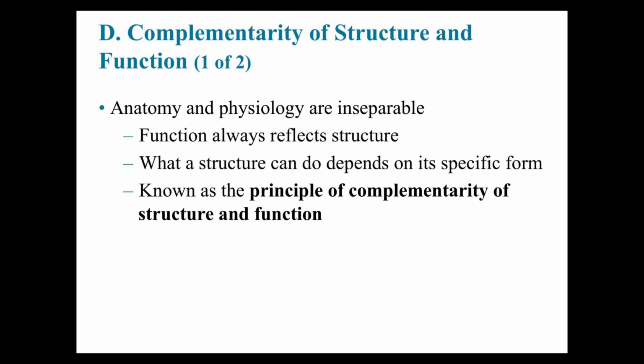So anatomy and physiology are inseparable. The link between structure and function is always present, but not always understood. For example, the anatomy of the heart was clearly described in the 15th century, but almost 200 years passed before the pumping action of the heart was demonstrated.